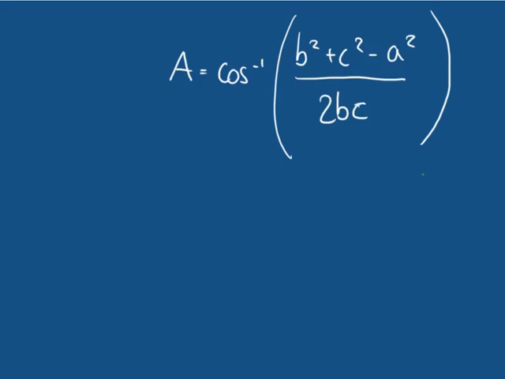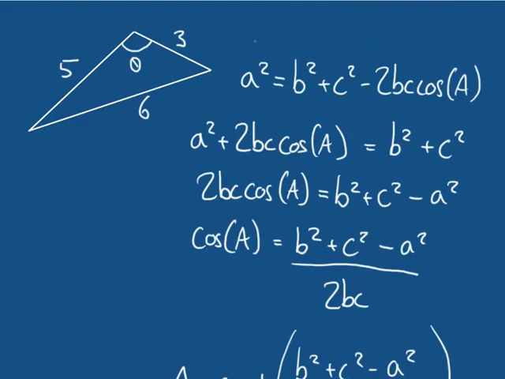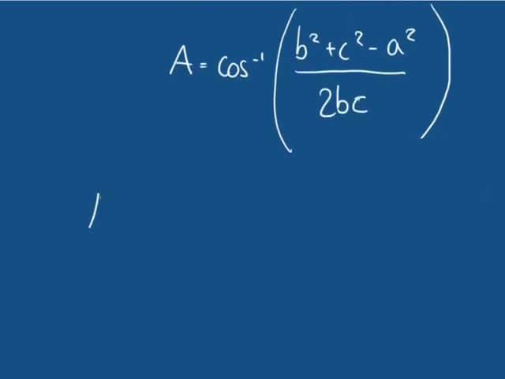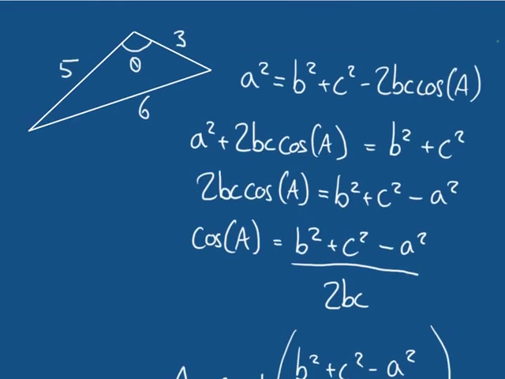Okay, so we can put our values in. Again, remembering, of course, A is the angle we're trying to find, therefore the edge opposite that angle with a length of 6 must be our lowercase a. The other two edges can be b and c, it doesn't matter which is which. So A is equal to the inverse cosine of, so b could be, well, let's pick 5 for b and 3 for c.